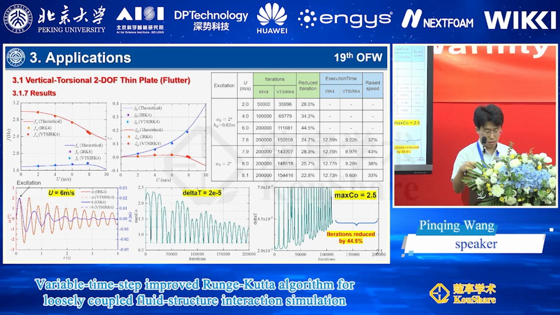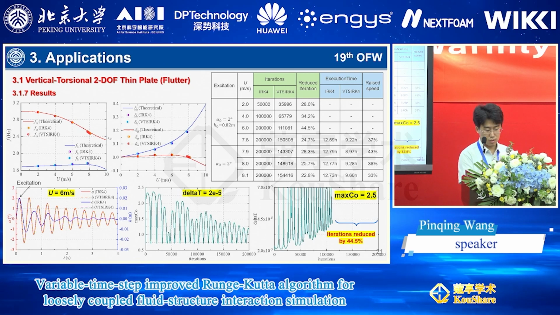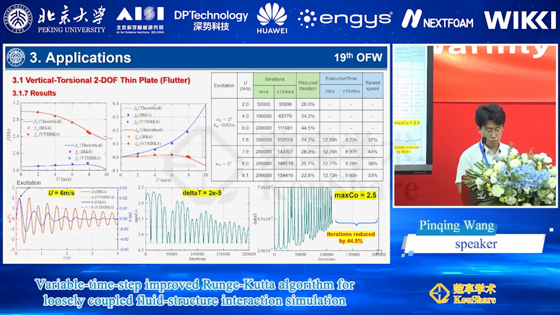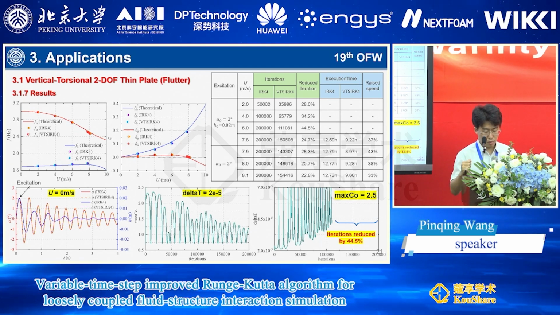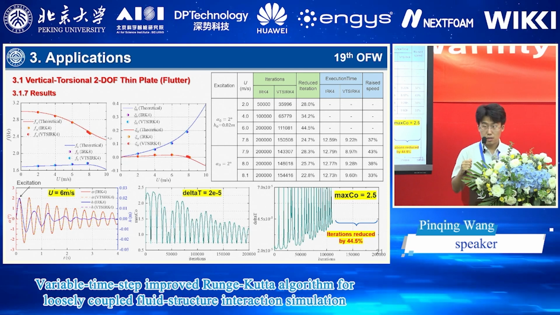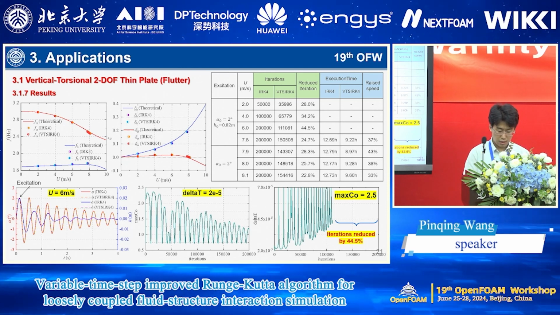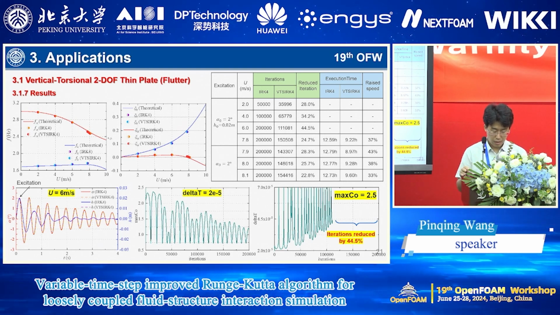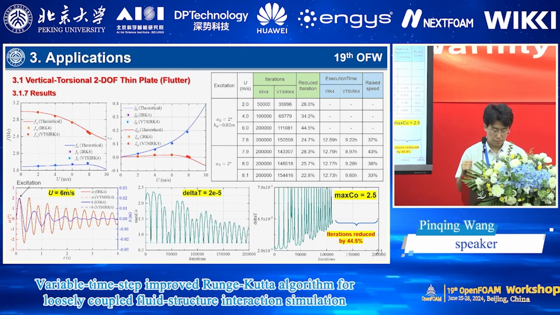Under almost the same max Courant number between IRK and VTSI-RK, the table shows the reduced iterations and the raised speeds. When the wind velocity is equal to 6 meters per second, the reduced iterations reached 44%, the most among these cases.